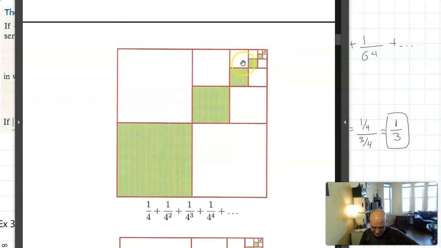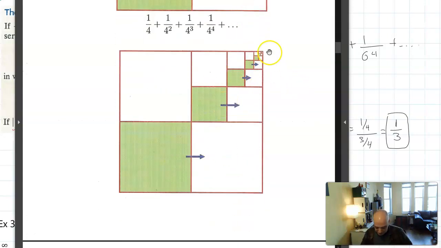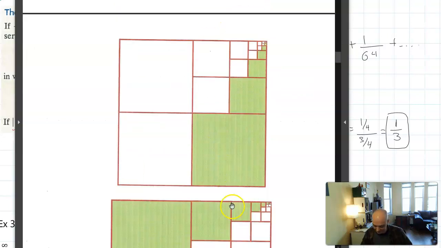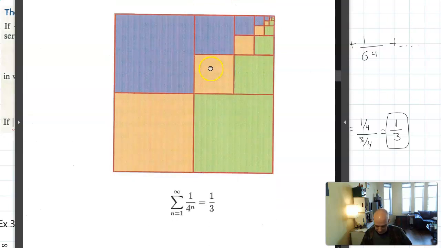Well, look at this diagram. We've effectively divided it into 3 sections. Here, let's color them in. You can move those over, like that. You could also move them up like that. And of course, you have the original ones in the middle. And so you take 1/4, 1/4, 1/4, 1/4. Turns out that fills exactly 1/3 of the total square.